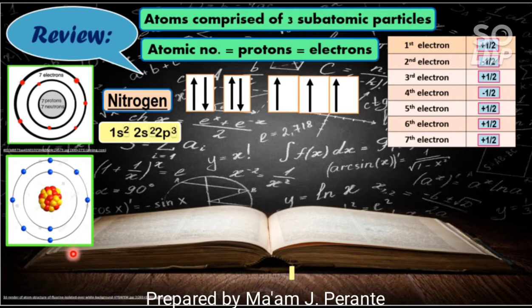Okay, it's already 7. So let's move on to the next example. What do you think is this element? Again, how are you going to detect what element this is by just looking at the drawing? Can you tell me how you will be able to know? Of course, you have to be familiar that atomic number, proton, and electron numbers are the same.